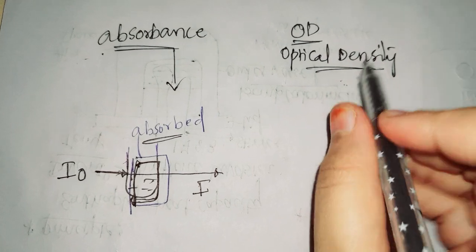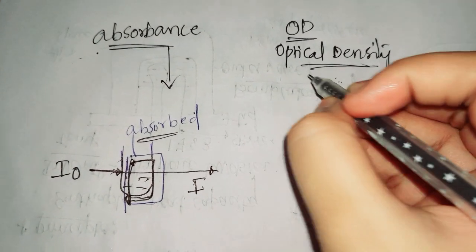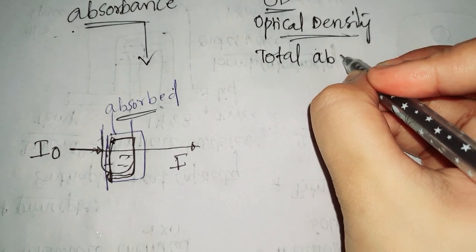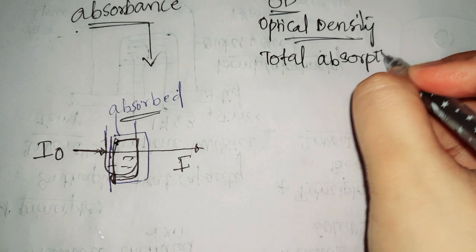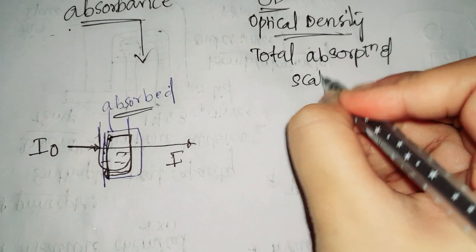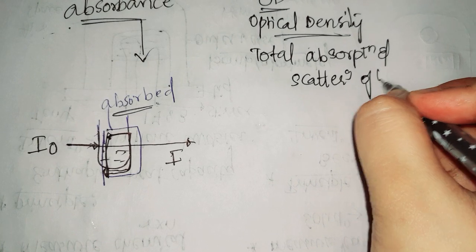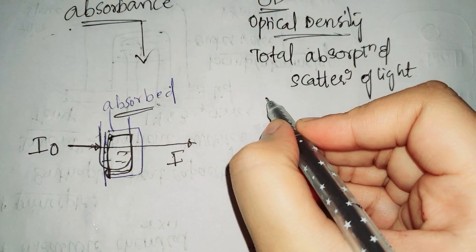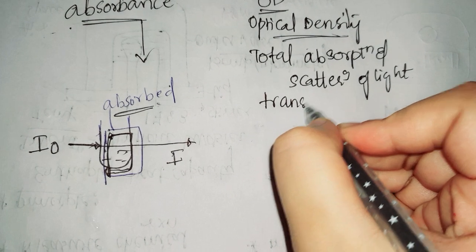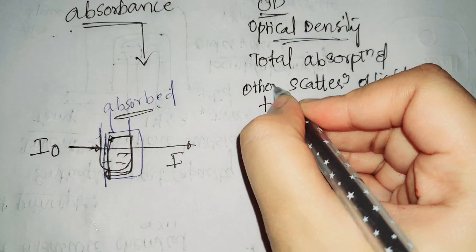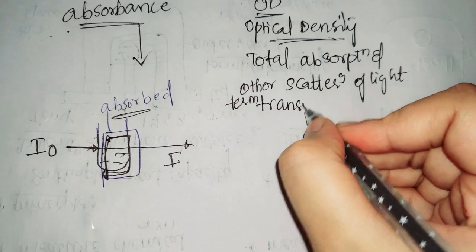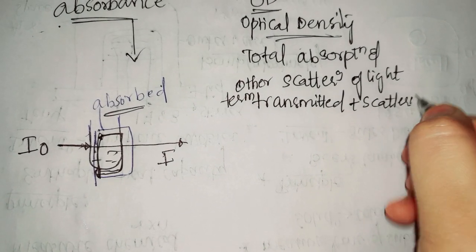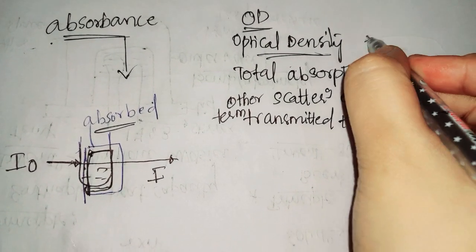If we talk about the optical density, here we will be considering the total, that is absorption and also scattering of light. In other terms, we can also say that transmitted light plus scattering light comes in optical density.